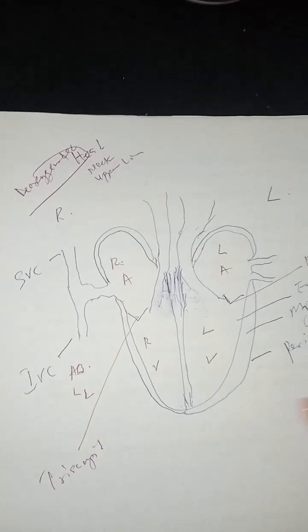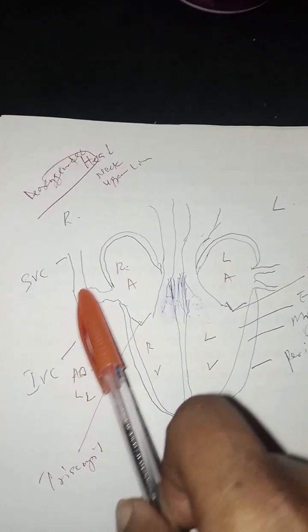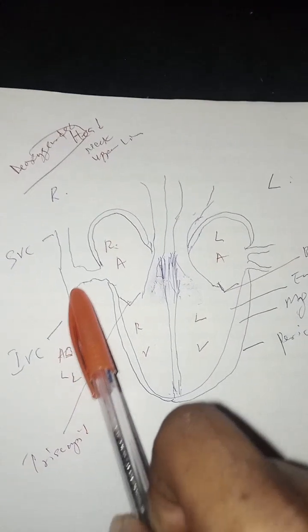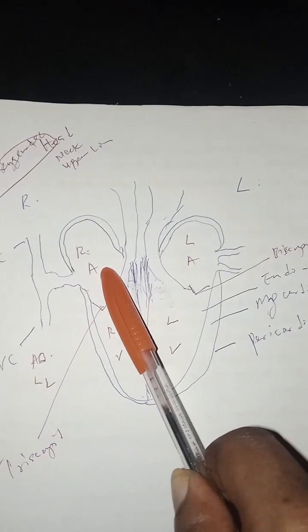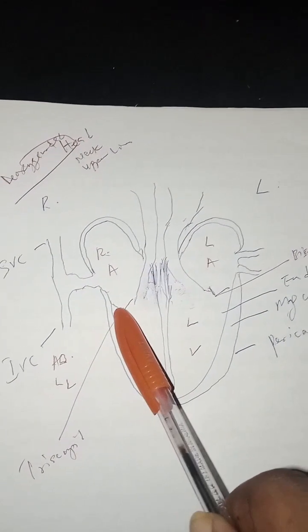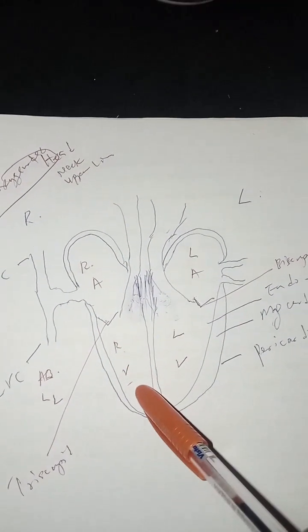Okay, quickly, let's run through the physiology of the heart. When blood flows into the heart through the inferior vena cava and the superior vena cava into the right atrium, these valves open for the blood to rush into the right ventricle.